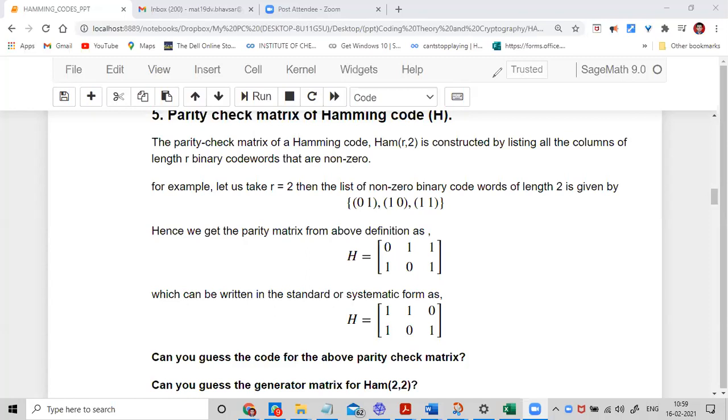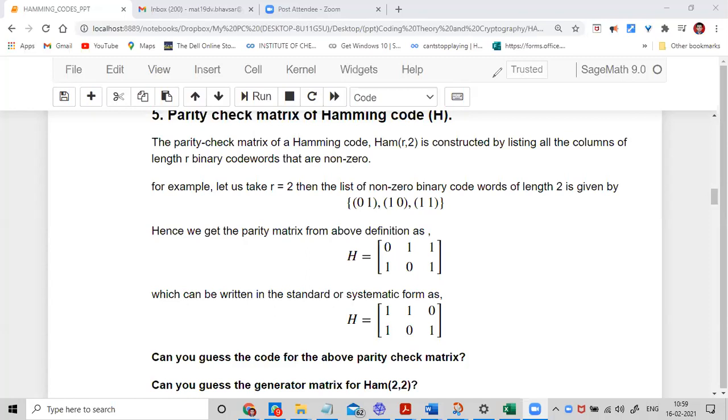But another, simple approach is what Shruti told last time: from this, construct the generating matrix. Can somebody help me, how do you get the generating matrix from this? Karnika, you can go ahead.